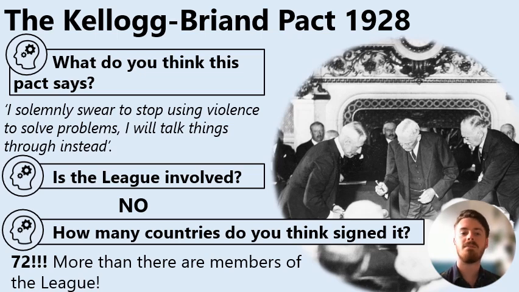That's more countries than there are in the League of Nations at this time. So the world is already organising peace, but the League of Nations is just not a part of this peacemaking process, which is arguably a failure on their part.